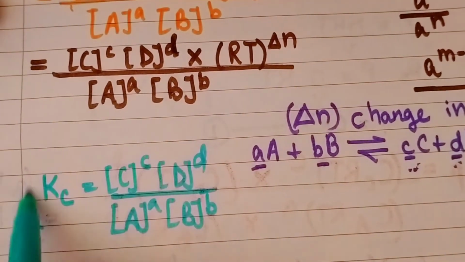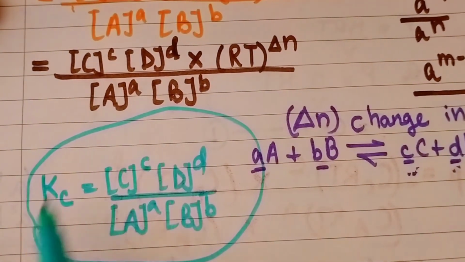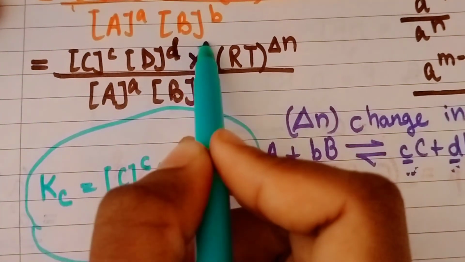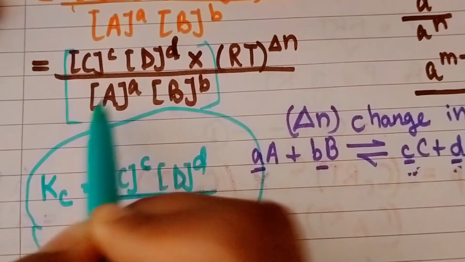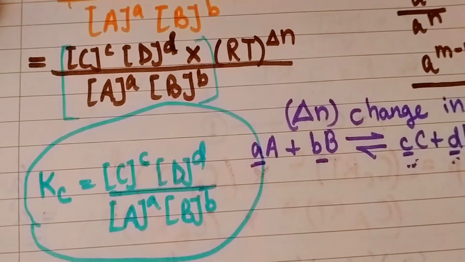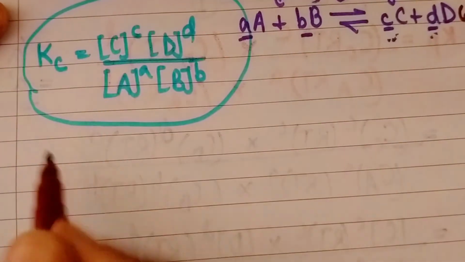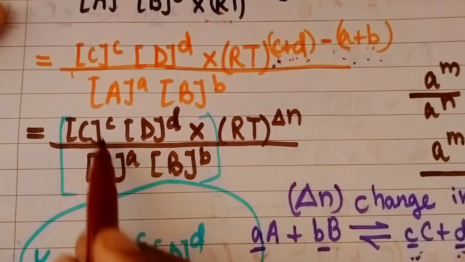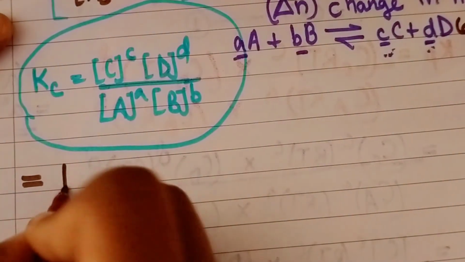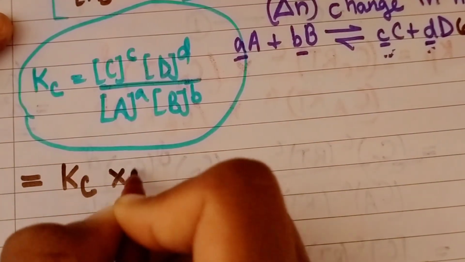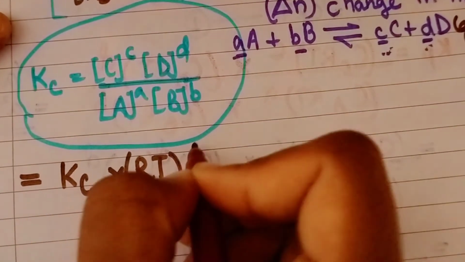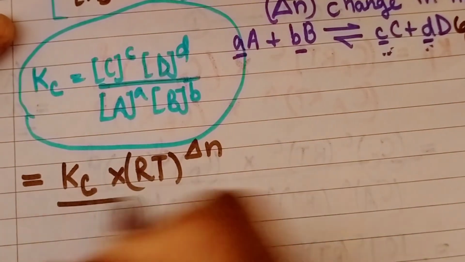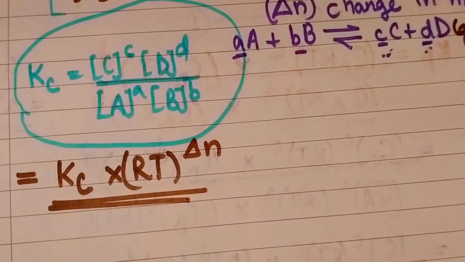Now here I'm getting something similar to this portion. On this much portion, you see these both are the same, right? So when both are the same, what can we write in place of this much? Kc into RT raised to delta N.